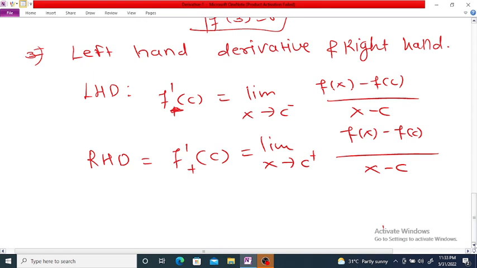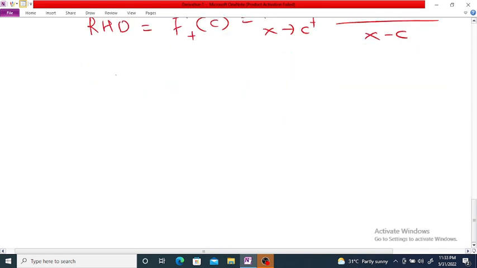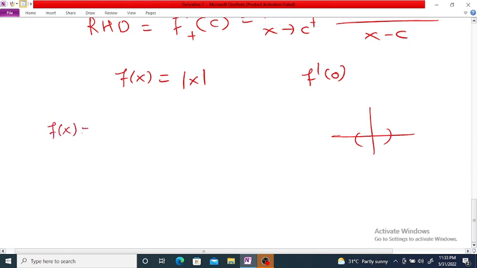But for example, if we take a function f of x is equal to mod x and you want to determine f dash 0, then the neighborhood of 0 contains some positive points and some negative points. This function f of x is equal to mod x has different values: when x is positive, f of x is equal to x, and if x is negative, it is equal to minus x.